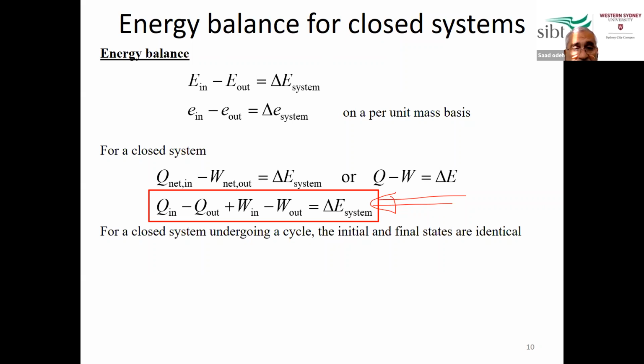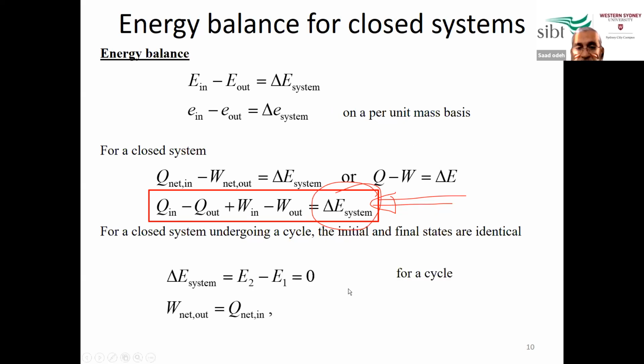For any application, sometimes we have this part equal to 0, and we end up with delta Q equal to delta W. This is the simplest shape of the equation.